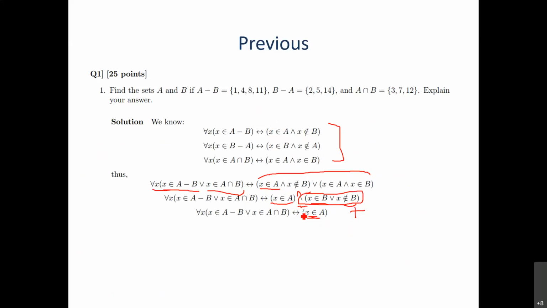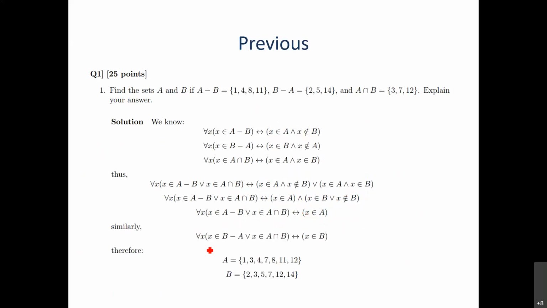You proved the elements that are in A are either going to be in A minus B or the intersection. Easy enough. Similarly, you can say for B, if the elements are in B, then they're in B minus A or A intersect B. Therefore, this is what A is, this is what B is.